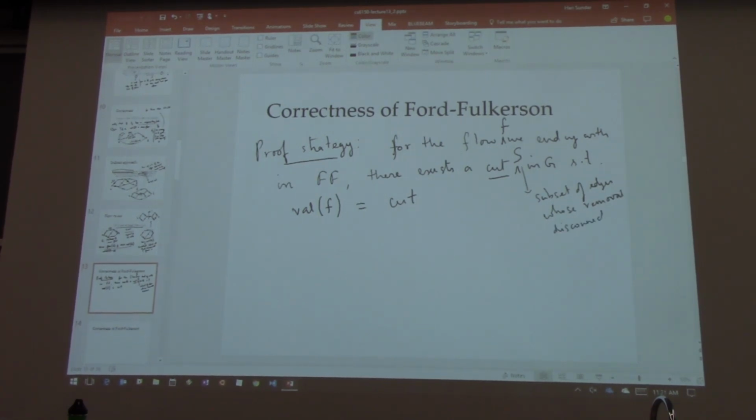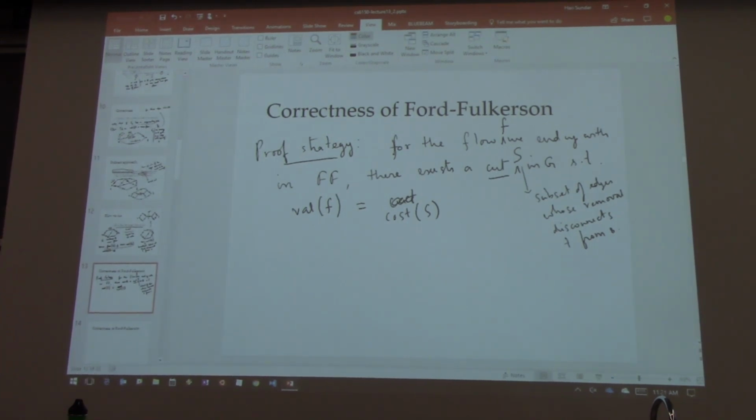The usual definition. So that's the thing, and so it's cost of S. Cost of S is the sum of the edge weights of the edges in S. And this is going to be the strategy.